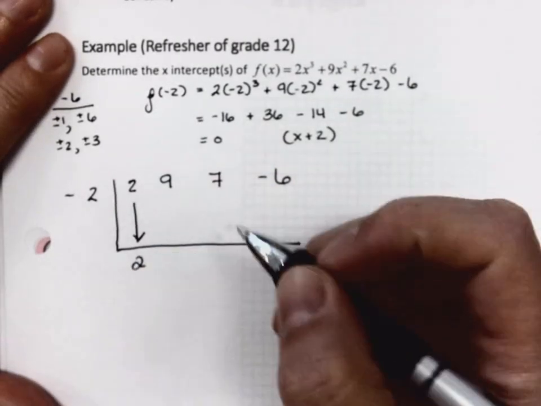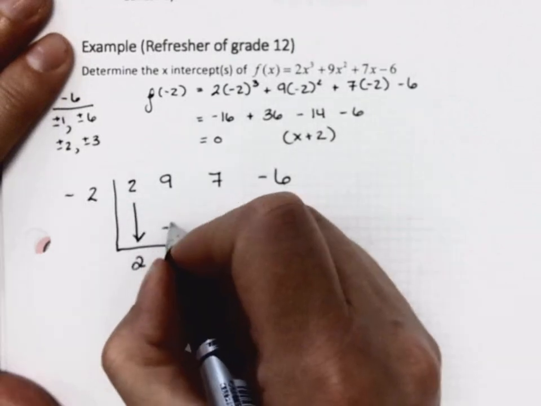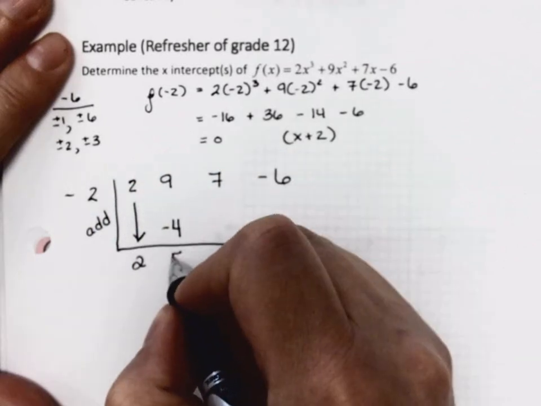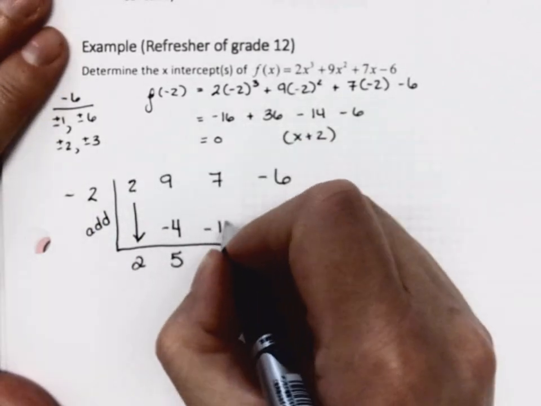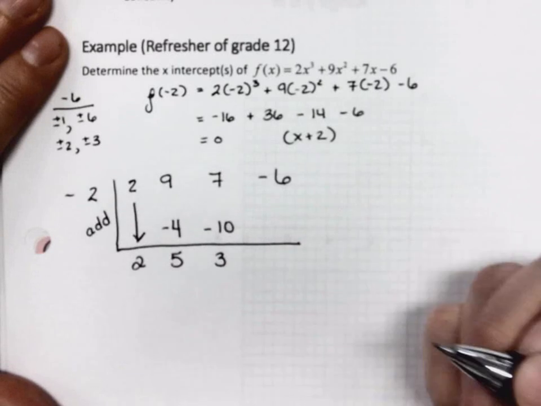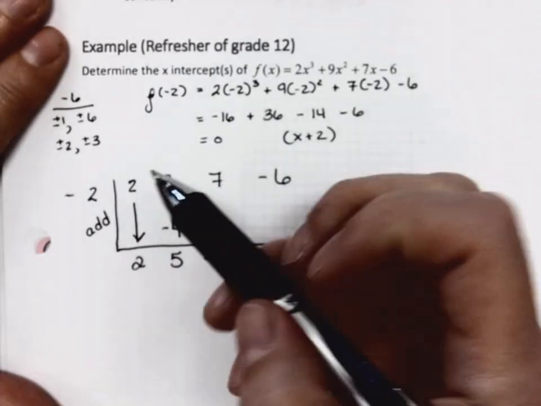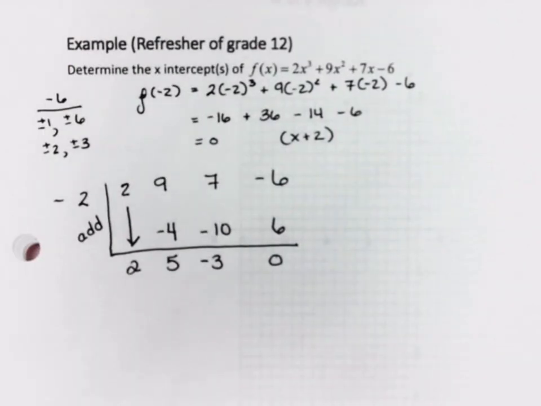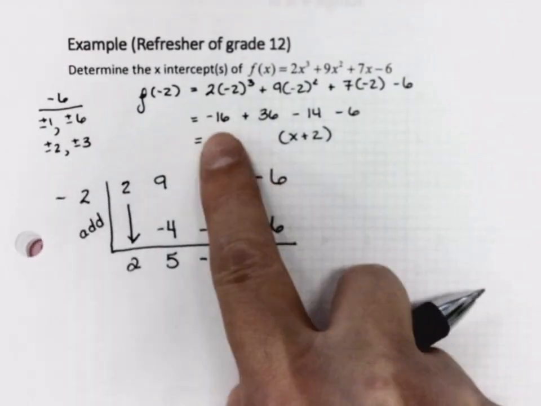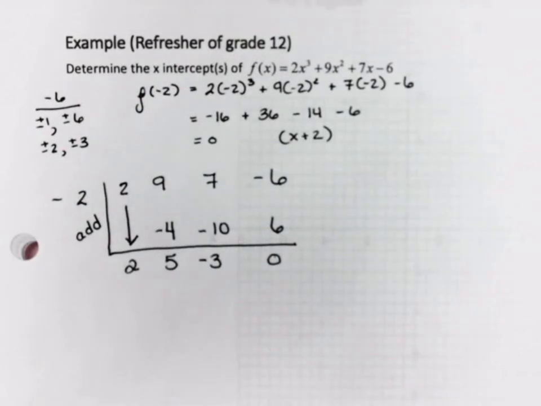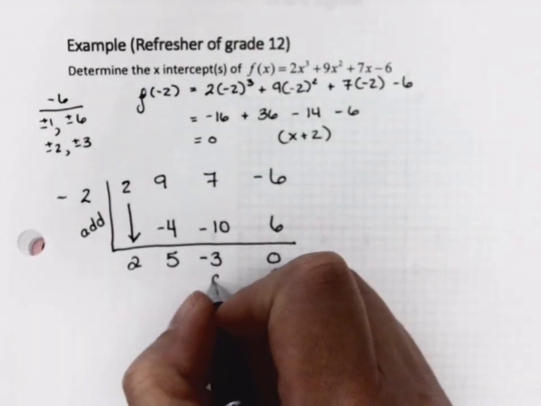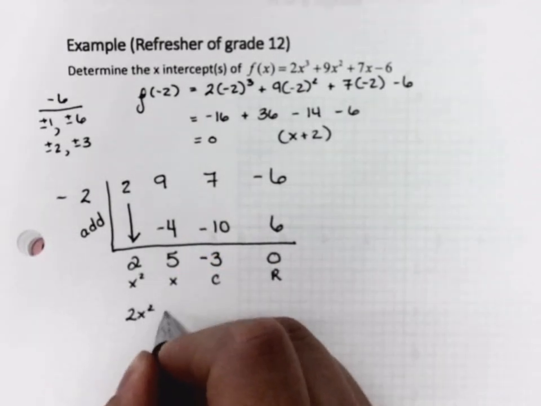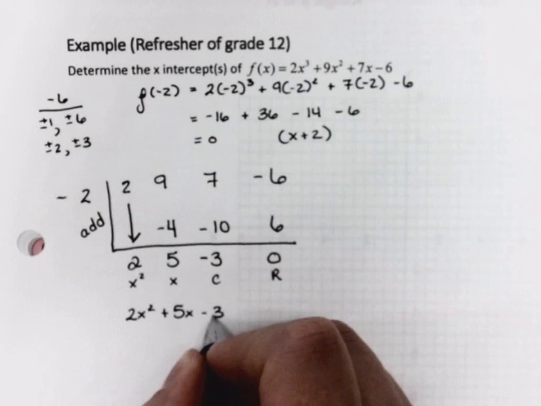So 2 goes down here, then 2 times -2 is -4, and we are adding, so this will be 5, that'll be -10, that'll be -3, and then that will be 6, and that will be 0. You know you've done it right if this is 0 and that's 0, because that's my remainder, that's my constant, that's my x. So we're going to have 2x squared plus 5x minus 3.